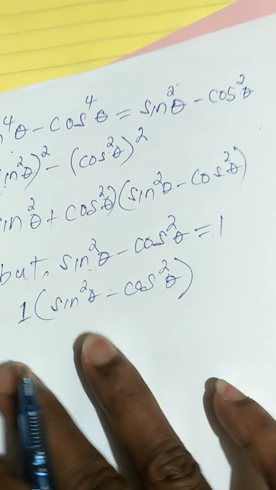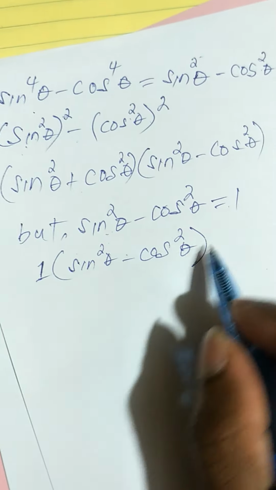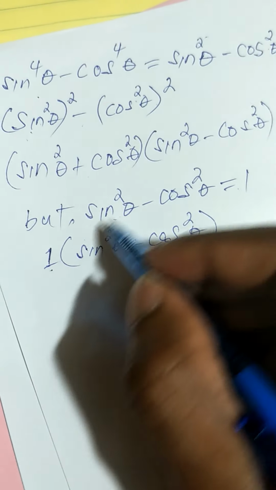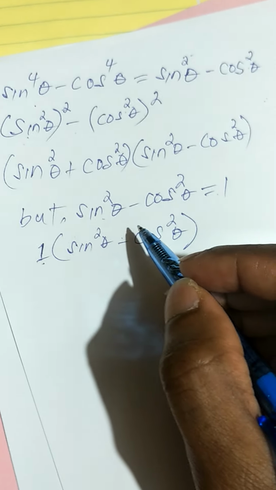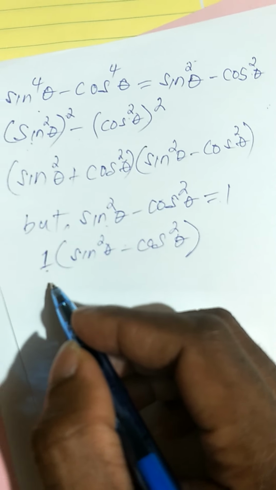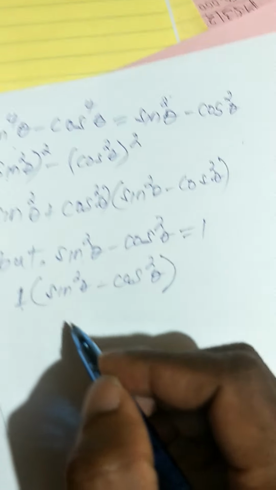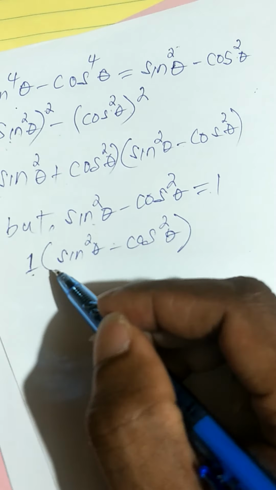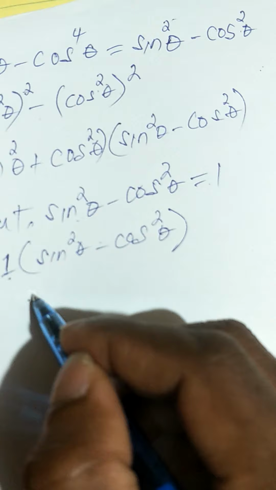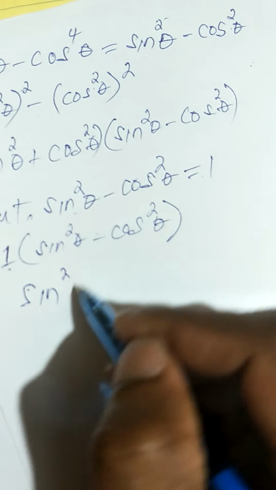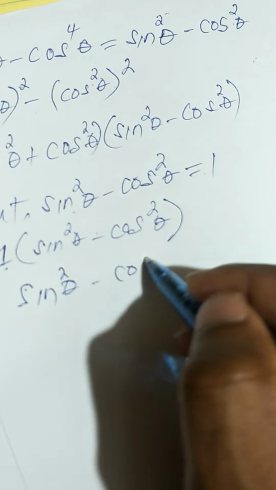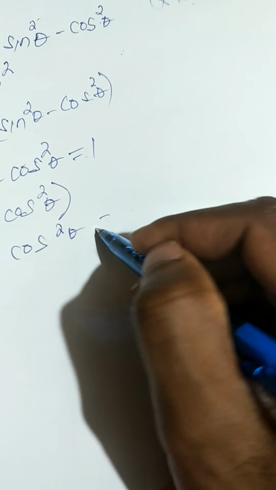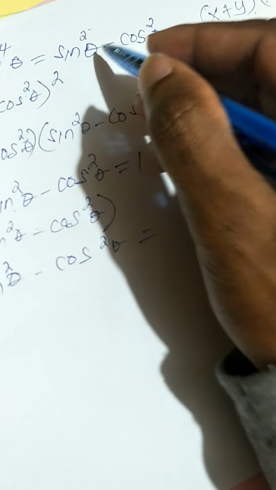Okay, the whole thing inside here multiplied by 1 is equal to the whole thing here. Okay guys, don't confuse yourself. So if sin theta squared minus cosine theta squared is multiplied by 1, it is equal to sin theta squared minus cos theta squared, which is equal to this one.